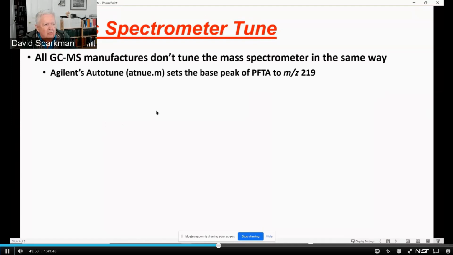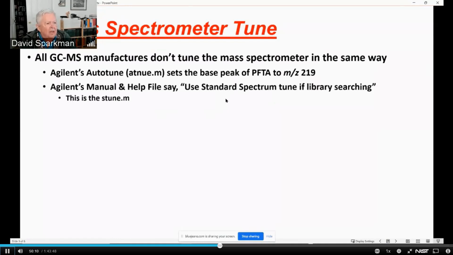Agilent's auto tune sets the base peak for the compound perfluorotributylamine to be M over Z 219. This is the standard tuning compound. Well, the mass spectrum for that compound has always had the base peak at 69.